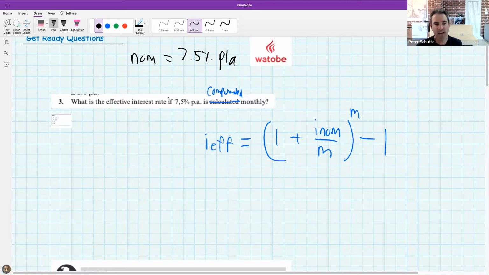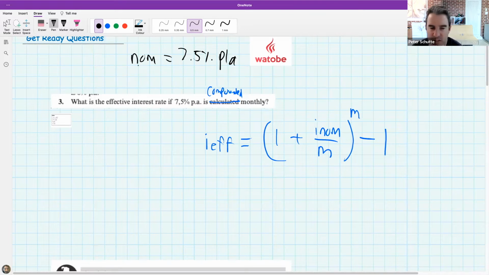And the effective rate, if your nominal rate per year is 7.5, but you chop it up into smaller chunks, into monthly chunks, should end up being higher. So we are trying to take into account how much more interest we get when we chop the compounding periods into smaller intervals.